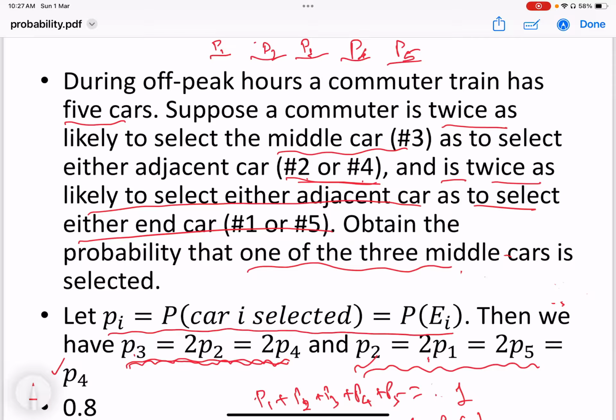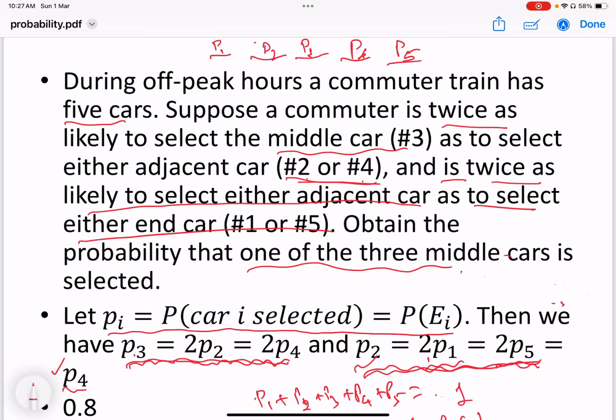It's twice as likely to select either adjacent car as to select either end car 1 or 5. So P2 and P4, these are the adjacent cars, and twice as likely to select either end car 1 or 5. So P2 equal to P4, and that is equal to 2P1 equal to 2P5.